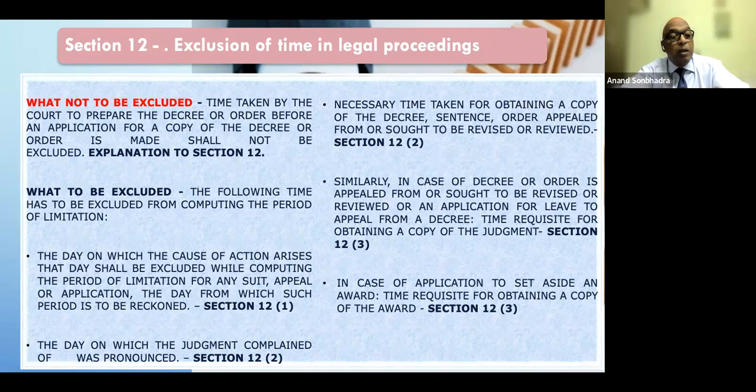Now, if the order is uploaded on a different date, and if you look at NCLAT, any appeal in NCLAT, it's clearly stated that the application has to be accompanied with a certified copy of that order.